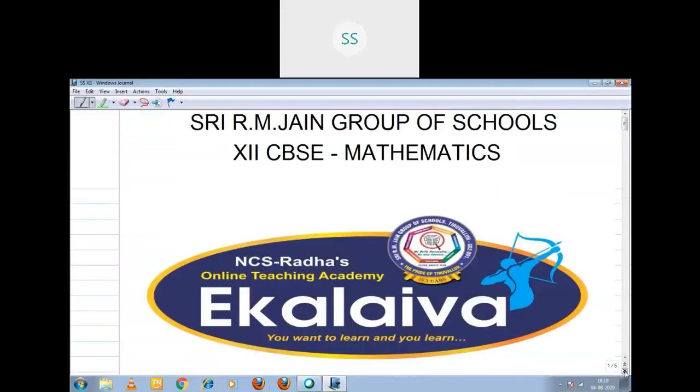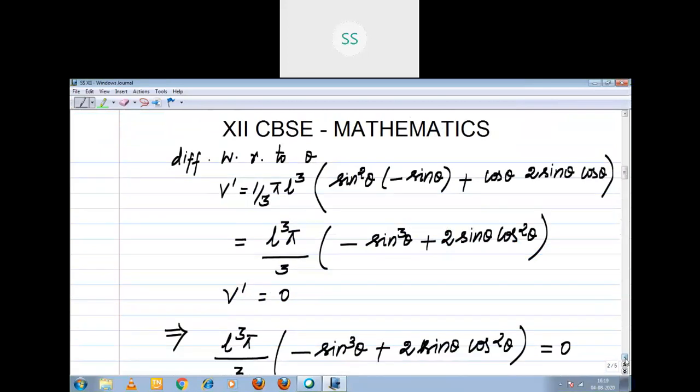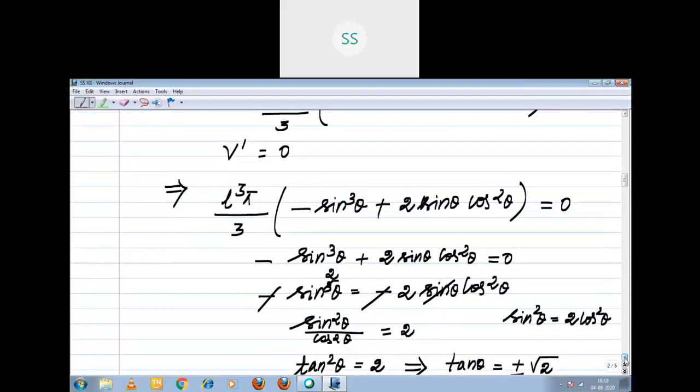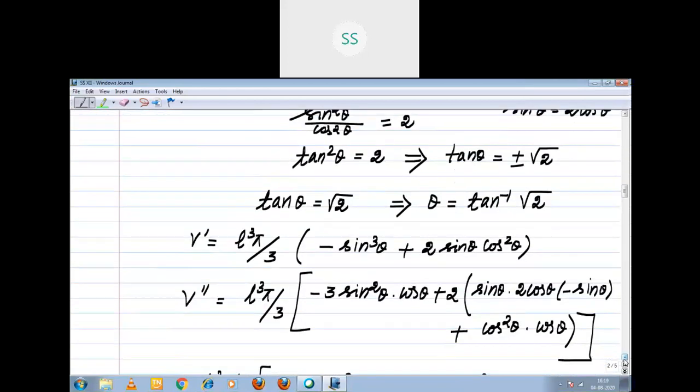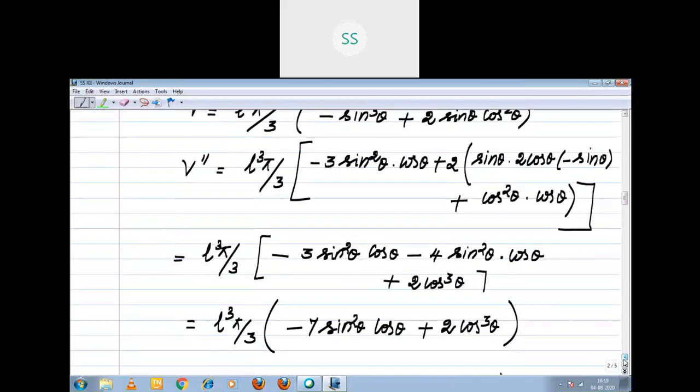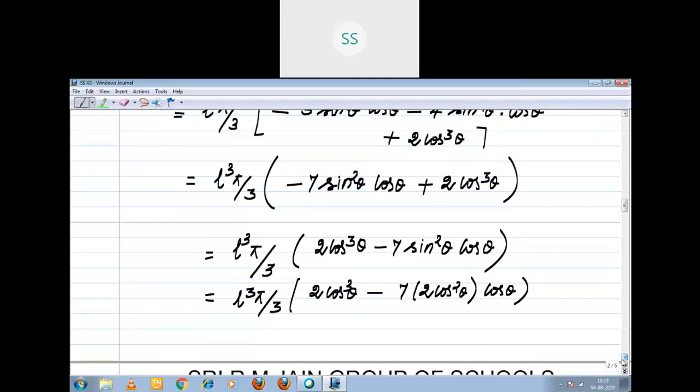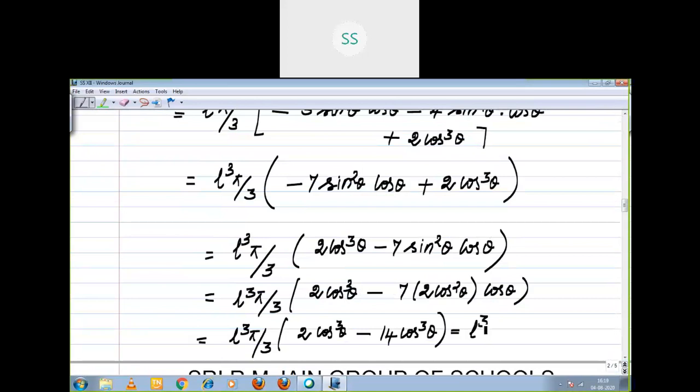Now sin square can be replaced, which is equal to L cube pi by 3 into 2 cos cube theta minus 14 cos cube theta, which is equal to L cube pi by 3 into minus 12 cos cube theta.